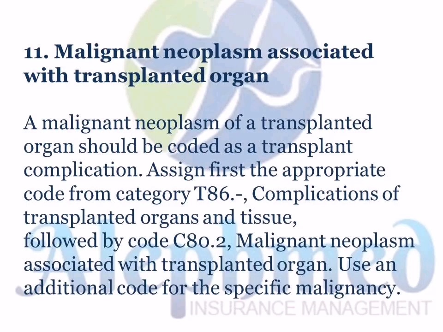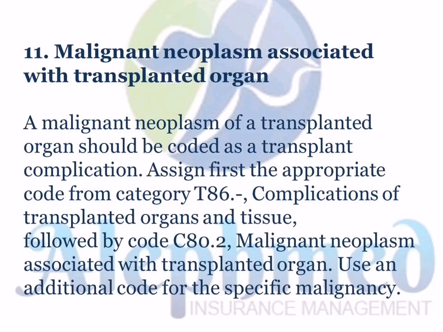So if any complication arises due to the transplantation of the organ which is already affected with malignancy, we have to assign the principal diagnosis T86, complication of transplanted organs and tissues.